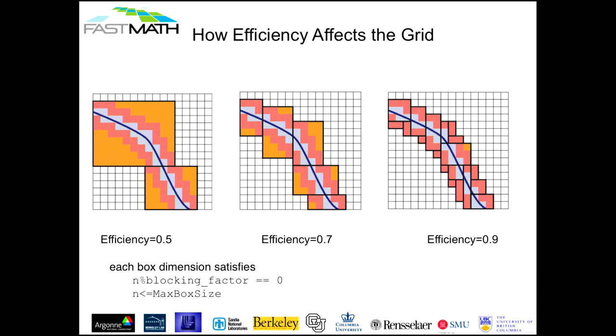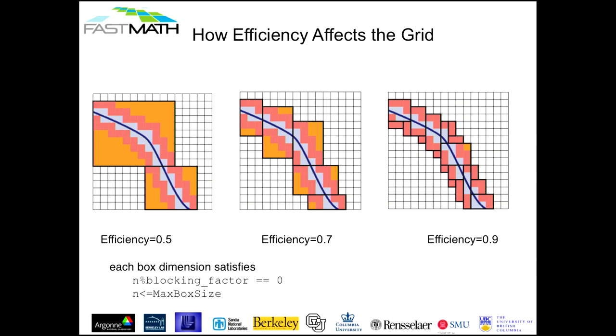So at higher efficiency, boxes will conform closer to your tag sets, but you will get funny, smaller shaped boxes. So low efficiency gives me big uniform boxes to compute on. High efficiency, I get lots of AMR efficiency, but I might pay the price because there's too much interbox communication or interbox calculation happening.